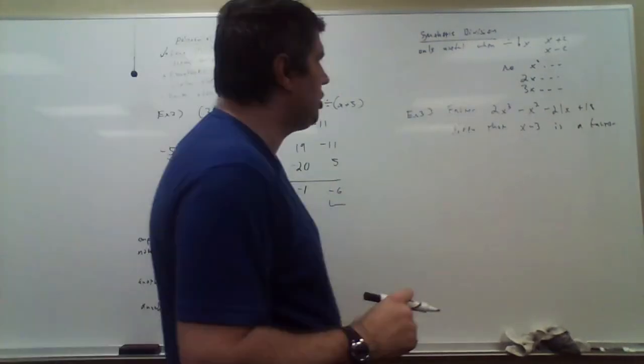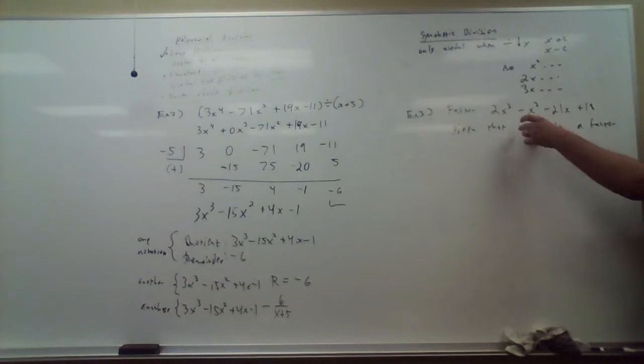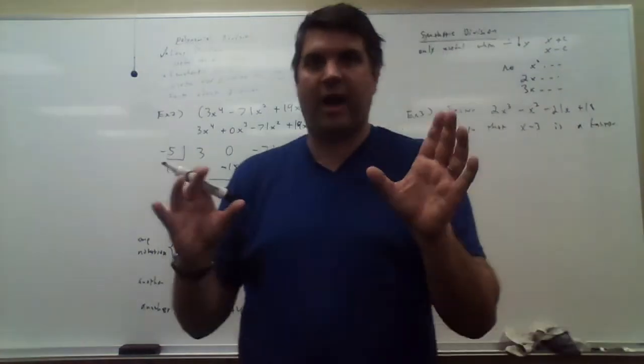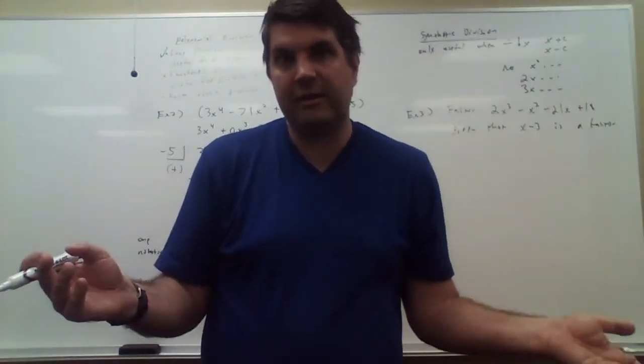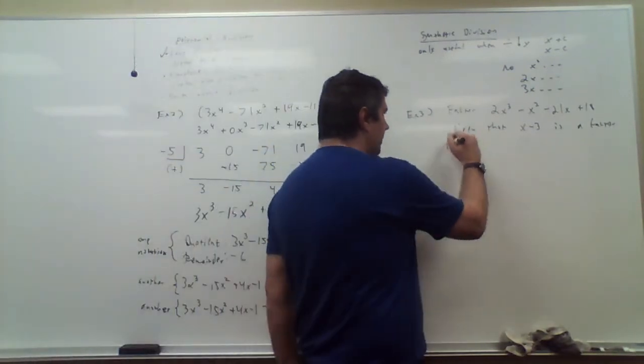Okay, so you know that x minus 3 is a factor. To get the other one, you divide. Same with arithmetic. If somebody was to tell you that 5 is a factor of 55, to get the other factor, you would have divided by 5. You're going to do the same thing here. So divide.